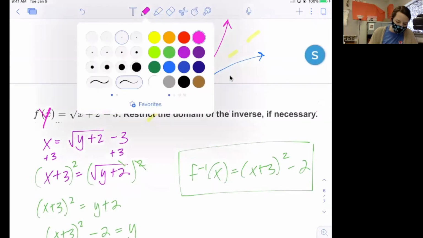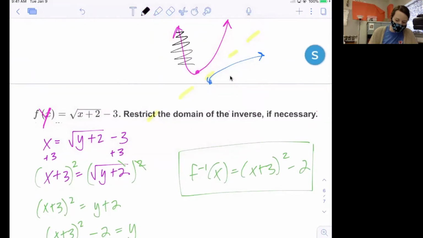So by restricting the domain, we're saying these two functions are inverses, but only this right side matches up with the square root. We want to throw half the parabola away. This is the part we're looking at.